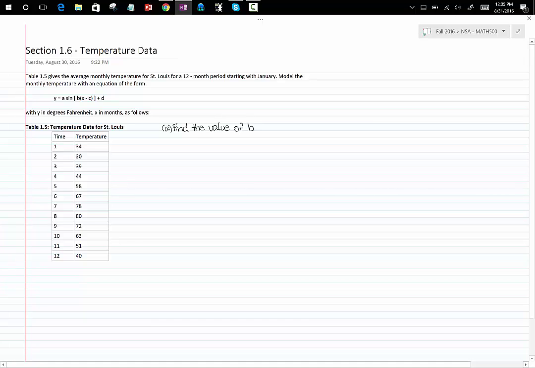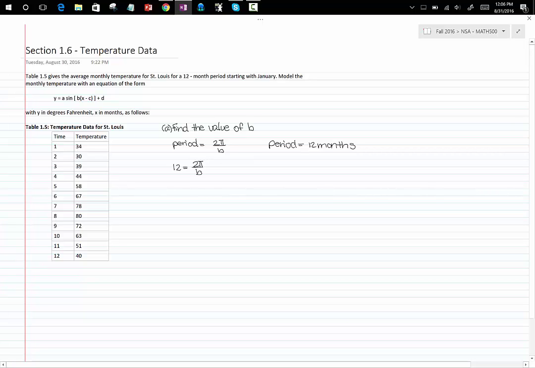To do that, we need to find the period of the sine curve, which is equal to 2 pi divided by the constant b. We know from the equation that our period is going to be 12 months. So we can plug that into our equation. 12 is equal to 2 pi divided by b.